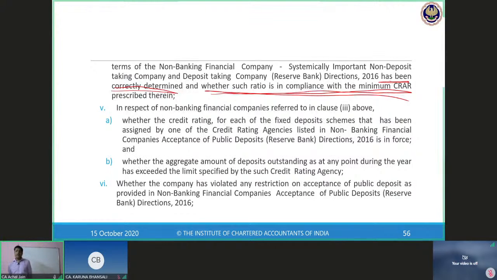Next, whether the company has violated any restriction on acceptance of public deposit as provided in these directions related to acceptance of public deposits. Means again, it's about checking of compliances around all of these points.